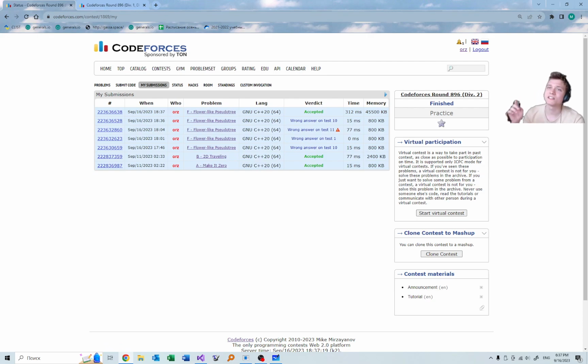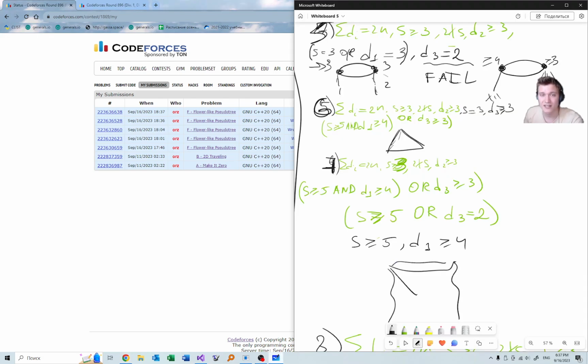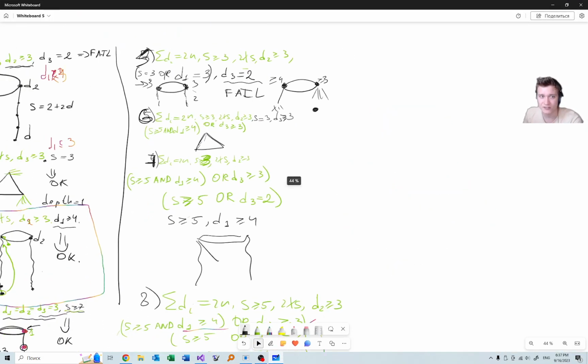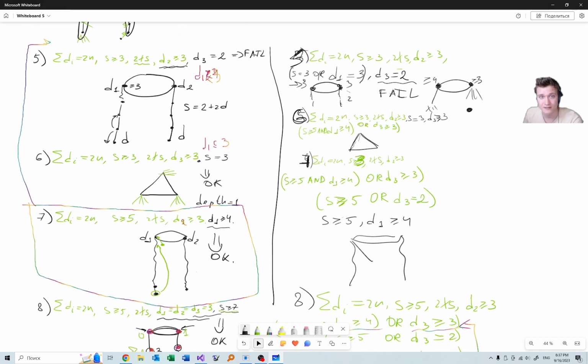Fine. Okay, guys, if somebody of you didn't solve this problem during the contest, I fully understand you. This problem is a giant mess, and as you see, I was prepared for this editorial and still I messed up. Yeah, because this case should have said that d3 is 2, and also one of two additional conditions holds.